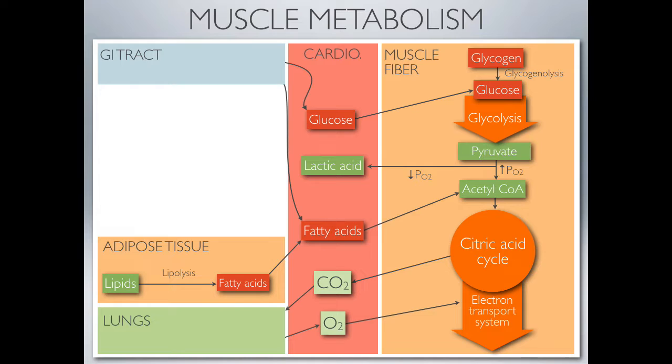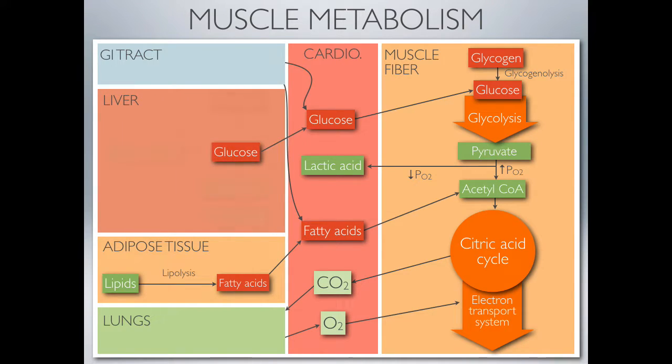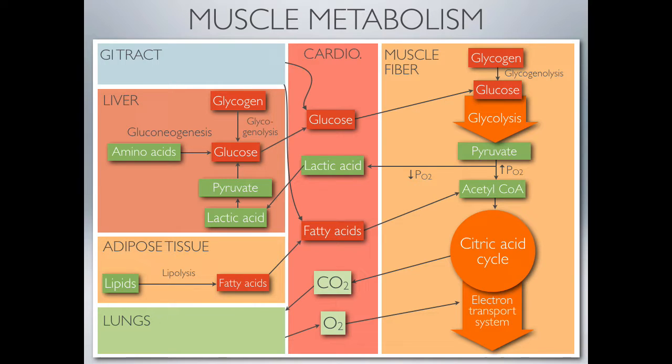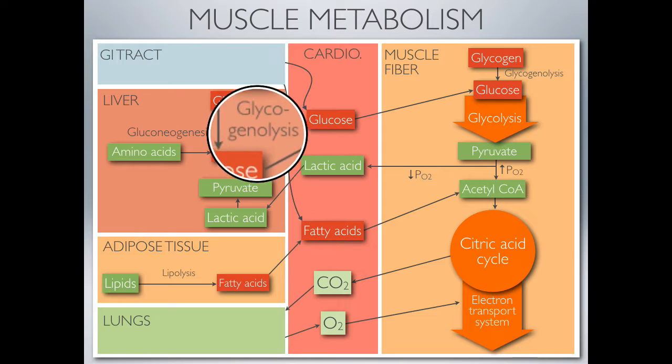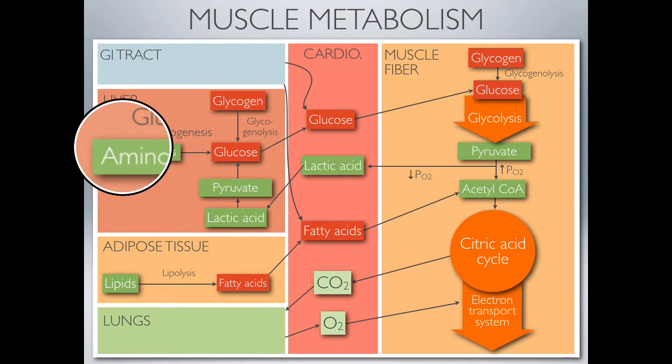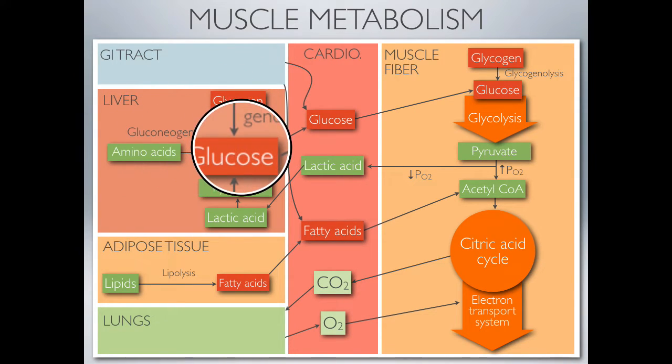And again, this is sort of review. We didn't really talk about it with this iconography where we see the organs fitting in, but all these pathways were detailed before. And in those prior lectures, we also talked about how the liver is really important in providing glucose, and it does that through breaking down glycogen up here, converting amino acids into glucose.